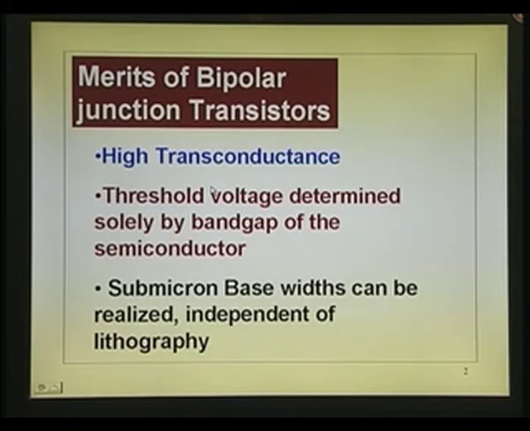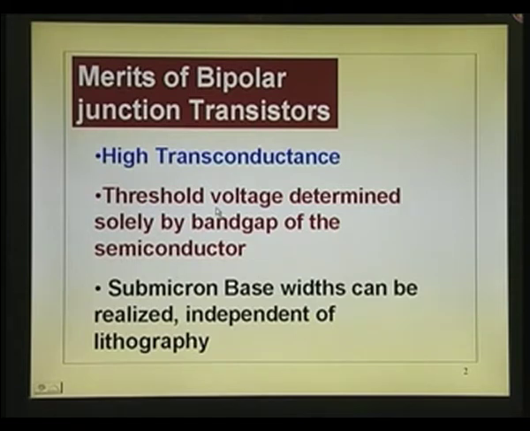One is that it has high transconductance, which is exponentially dependent on VBE. So, delta IC by delta VBE is IC by VT.